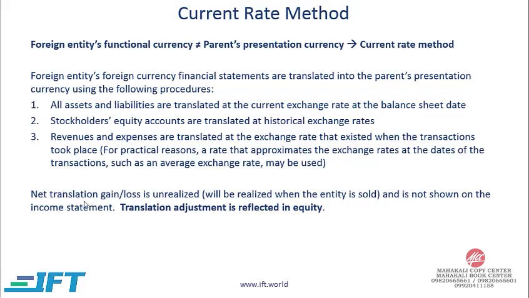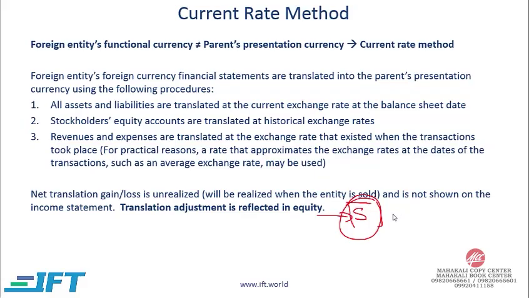You might be wondering why the translation gain or loss goes straight to equity and bypasses the income statement. The reason is that you are the parent and you have invested in this foreign subsidiary. The foreign subsidiary is operating in its own currency. Remember here, the functional currency is different from the presentation currency of the parent.